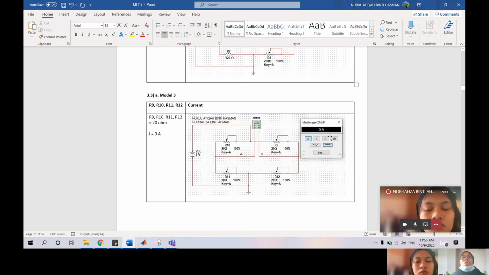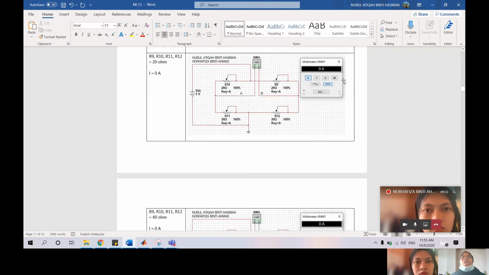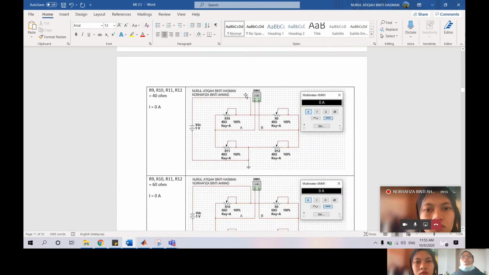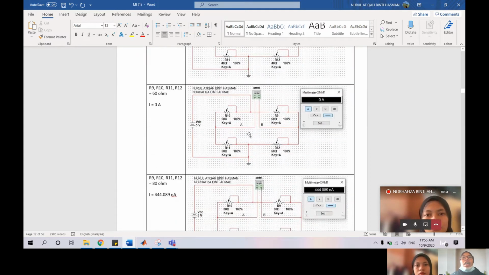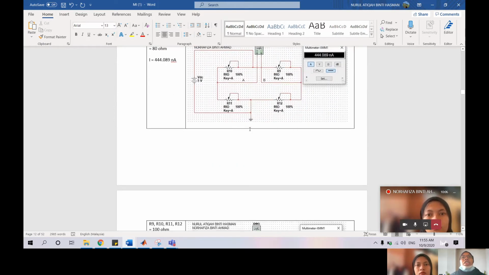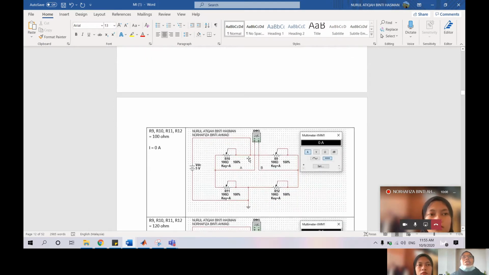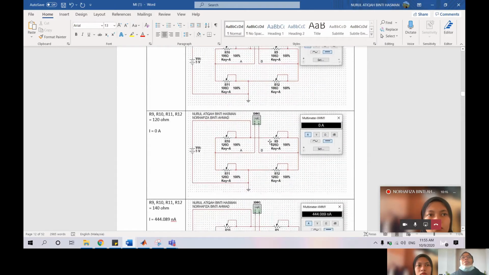The first one we got 0 because it is a stable circuit which produces zero current because it was balanced. The second one is also 0 because all the resistors are the same value. Same goes for the other values because we use resistors that are all the same. This one is 100 for resistors with 100 ohm.